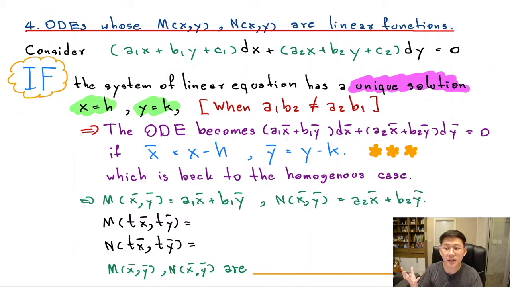So basically the constant terms disappear when you substitute x by x bar. Why? I'm not going to talk about that yet. We're going to look at that in the end.